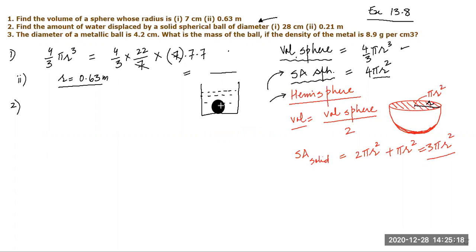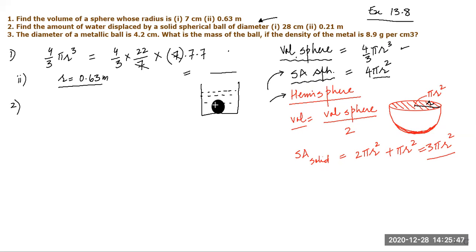Initially there was water in the place where the sphere came, so the water was displaced. Displaced means the place of the water has changed. It has been occupied by the sphere.